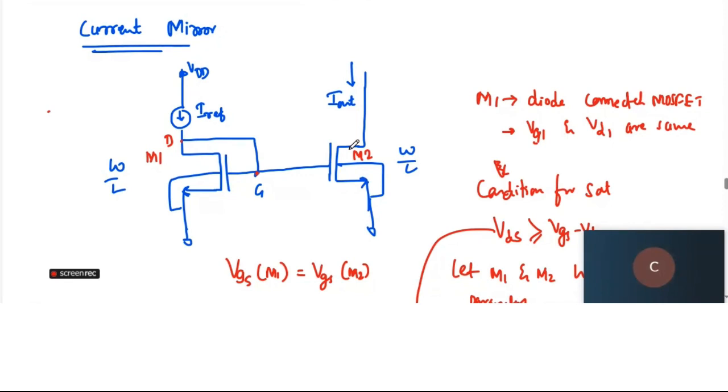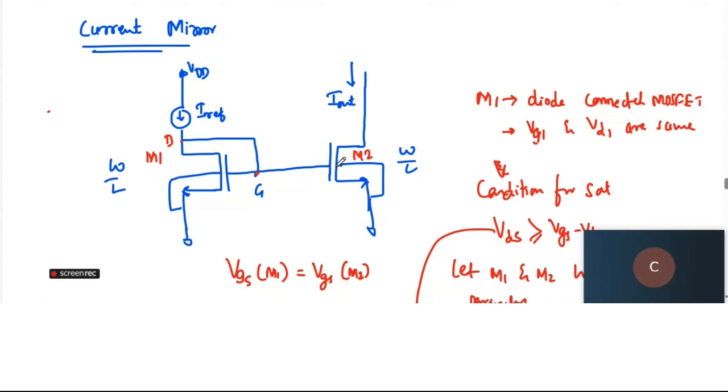Basically the intent here is that M1 is pushed into the saturation region and the same gate voltage is applied to M2, and both M1 and M2 are the same with respect to other parameters like W by L, mu and Cox, because they are two similar MOSFETs.